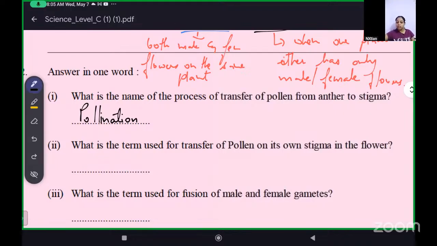Very good. When transfer takes place from pollen of anther to the stigma, that is pollination. But when it has fused and the zygote is formed and that zygote will develop into embryo, that process is called fertilization. Okay, now what is the term used for transfer of pollen on its own stigma in the flower, Emma?